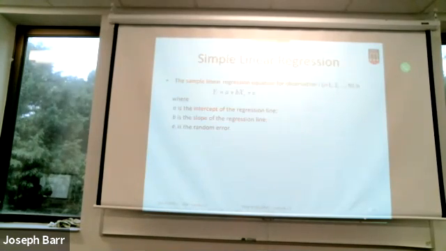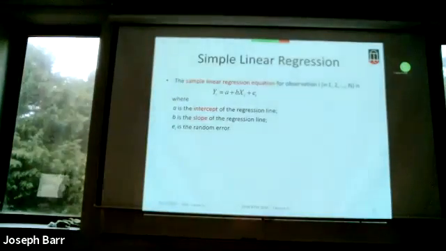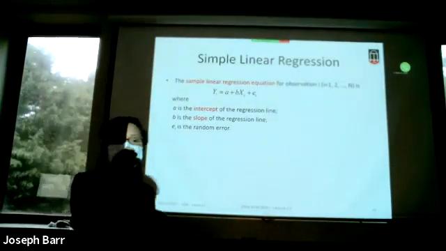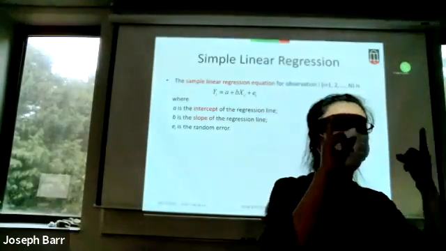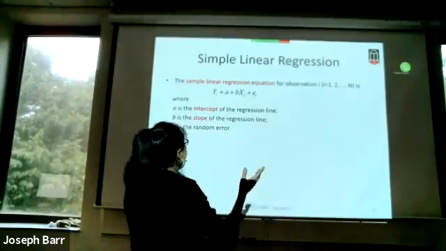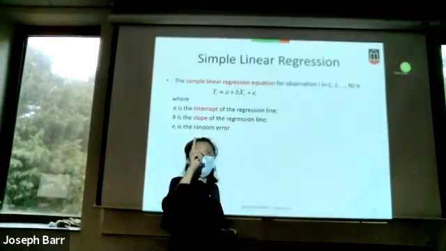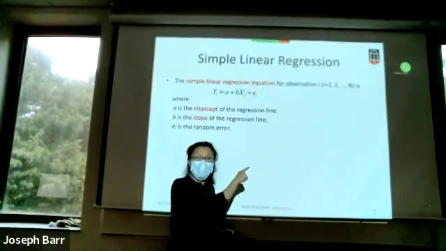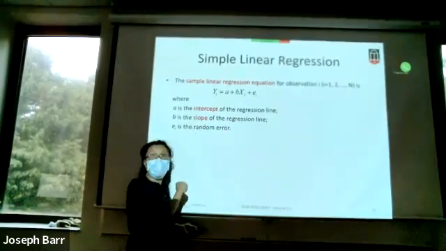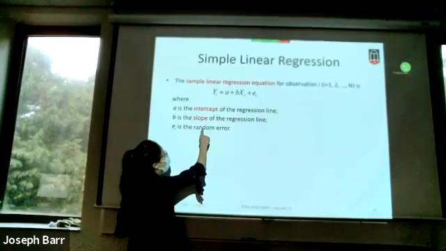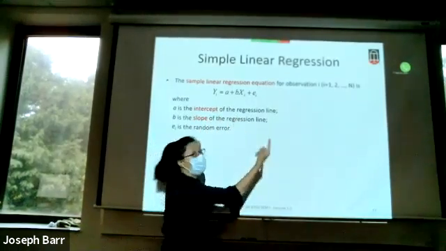Okay, let's start with a very simple case. Simple linear regression. Why is it simple? Because we only have one independent variable. Suppose it's x. So x is our only independent variable in this formula. And then we have another variable, which is the dependent variable y. So y is predicted by x.